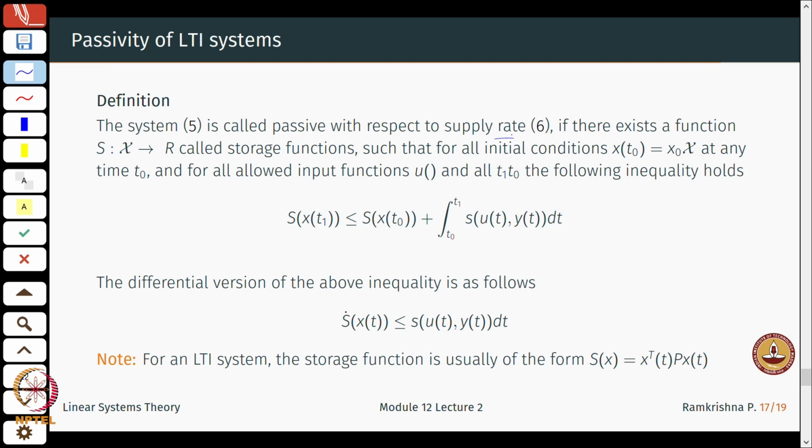It is actually the physical supply, say some power supply you can call supply rate, if there exists a function called the storage function, because X is the state space, right.